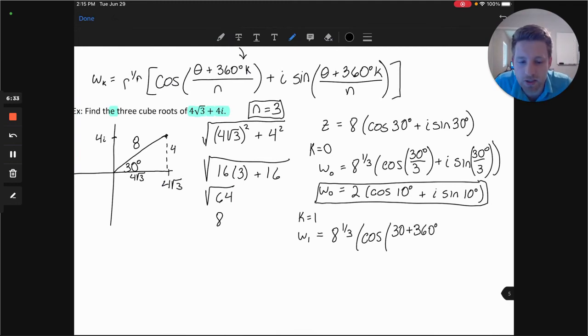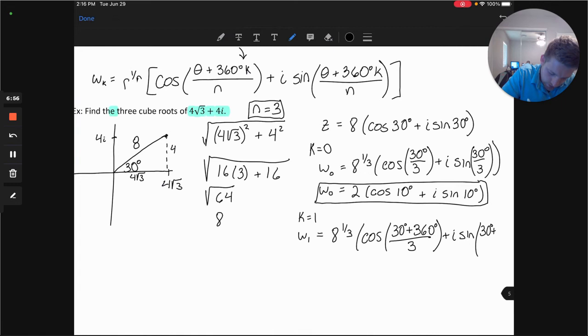And since k is equal to 1, we'll just be adding 360 one time here. And then divide by n, which is still 3. And then repeat that. So we'll have plus i sine and the same ratio. So 30 degrees plus 360 over 3.